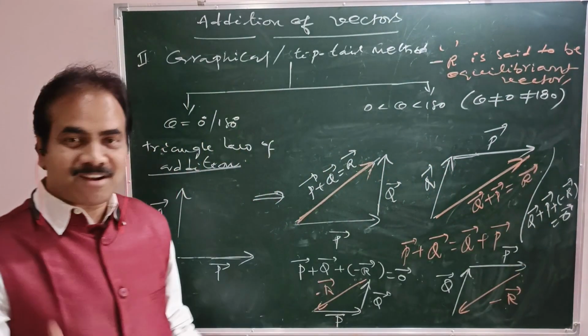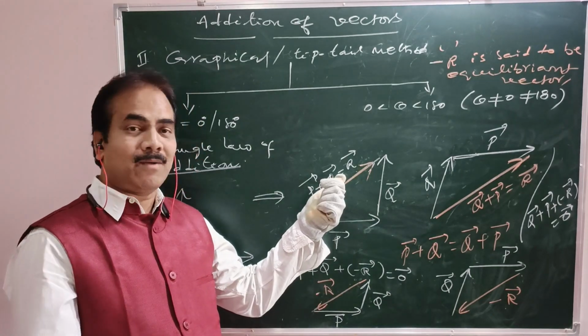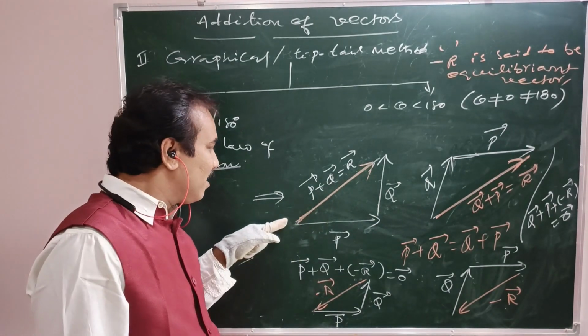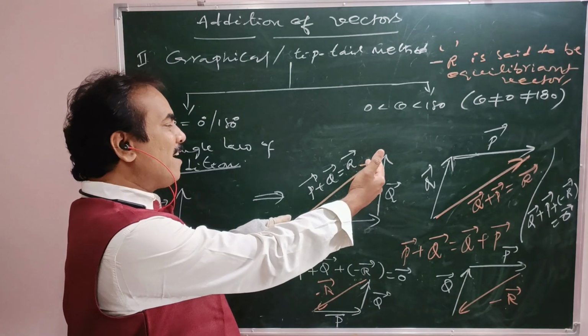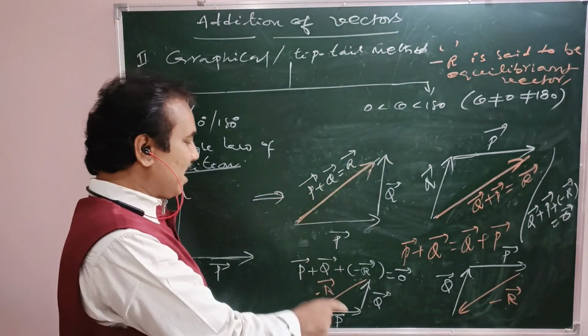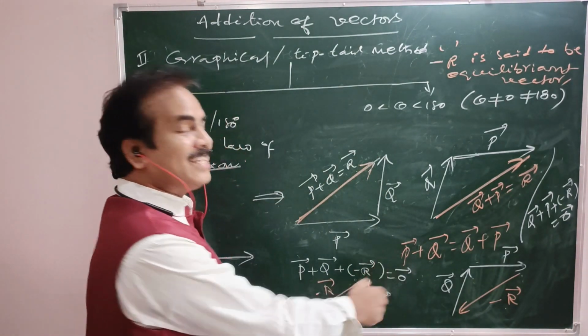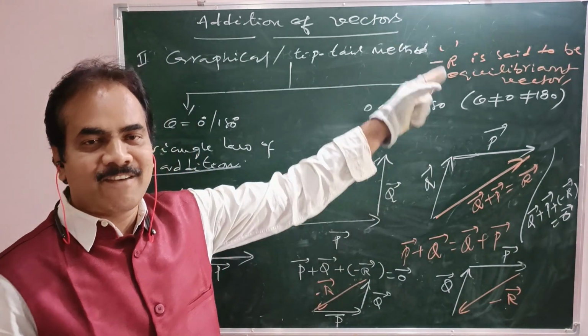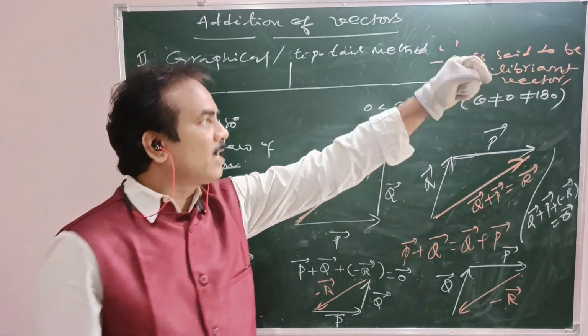Remember, resultant is not equilibrium vector. Resultant means we have non-zero resultant here. By taking resultant vector like that, if we make it reverse, then we can have 0 resultant. That is the reason why negative vector of resultant vector is said to be equilibrium vector.